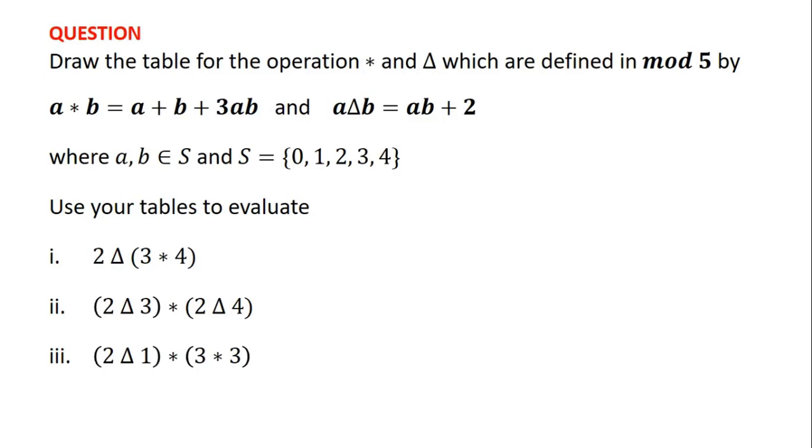The question for this video is, draw the table for the operation star and delta, which are defined in mode 5 by a star b is equal to a plus b plus 3ab, and a delta b is equal to ab plus 2, where a and b belong to X and X is equal to 0, 1, 2, 3, 4.